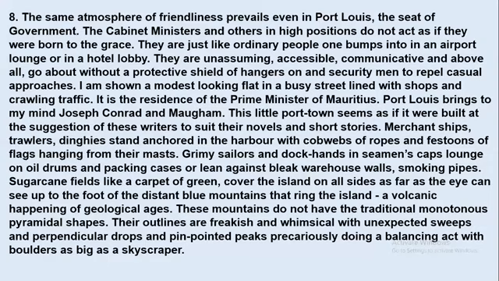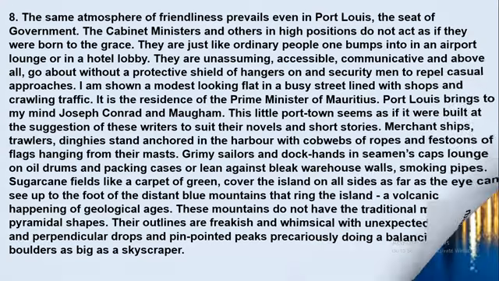Then their outlines are freakish and whimsical, with somewhat perpendicular drops, pinpointed peaks, and different types of outer layers of the outlines of the mountains. And you also have heavy big boulders as big as skyscrapers. The height of the mountains is as if it is going up to meet the skyscrapers, the tall buildings. So in this way he is describing the natural beauty of Mauritius.